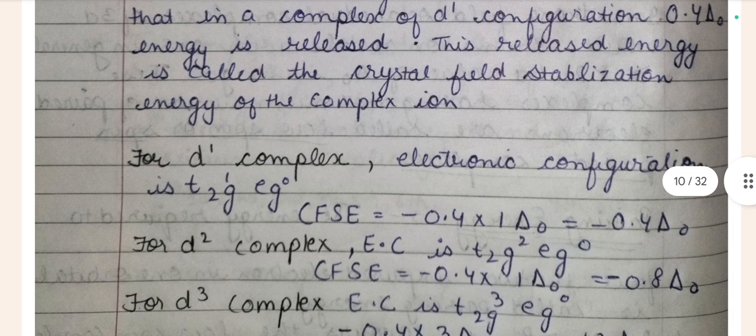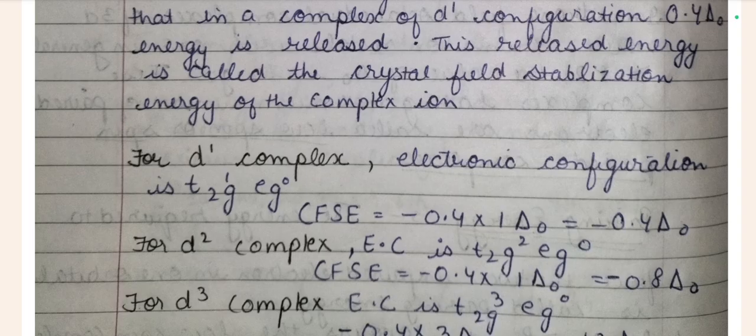For a d1 complex, the electronic configuration is t2g1 eg0. CFSE is equal to minus 0.4 multiplied by 1, which is equal to minus 0.4 delta naught.